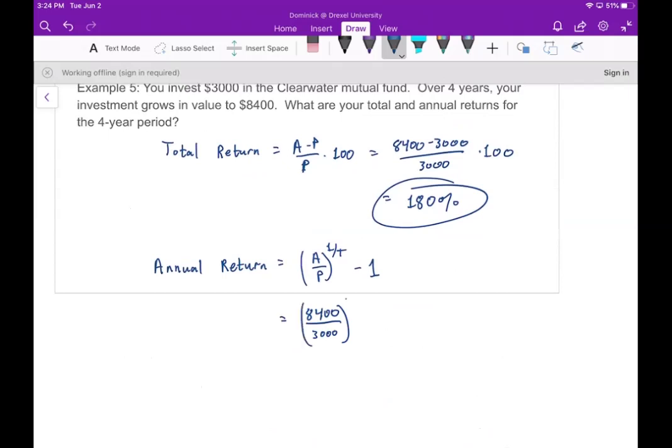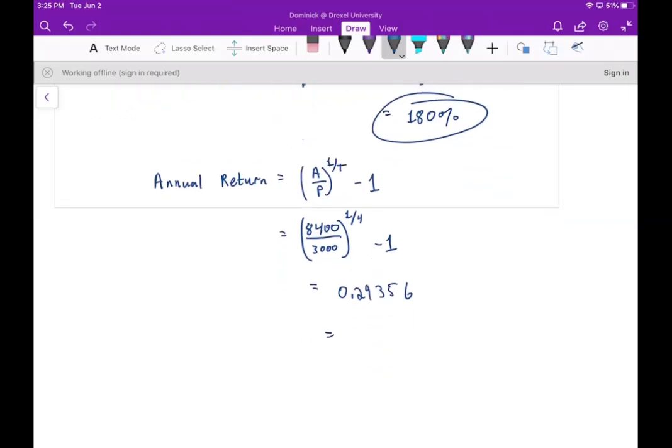I'm raising that to the 1 over 4 because it was for 4 years and then subtracting 1. So I want to do 8,400 divided by 3,000, raise that to the 1 over 4 and subtract 1. And that gives us that our annual return is 0.29356. And of course, if you want this as a percentage, this would be 29.36%.